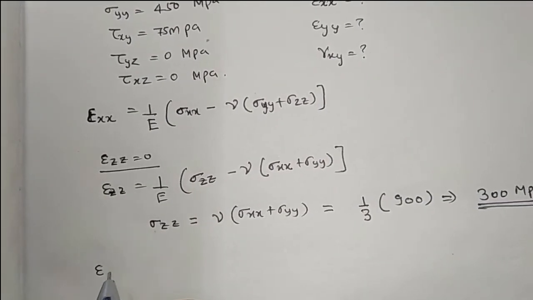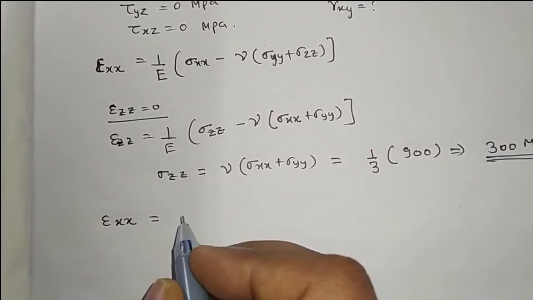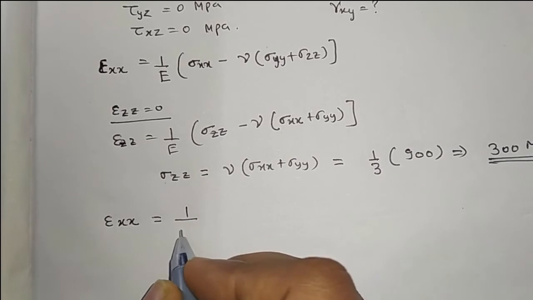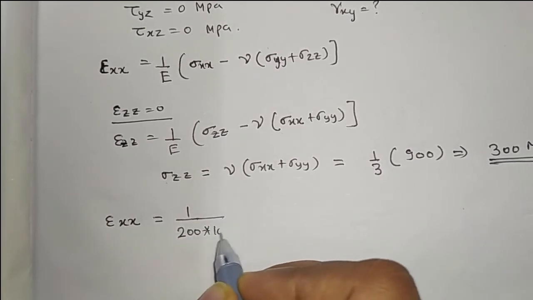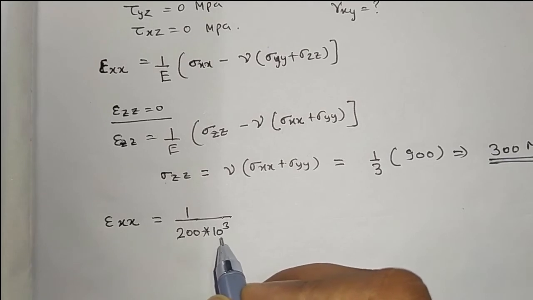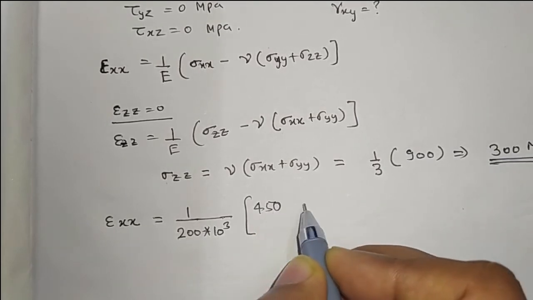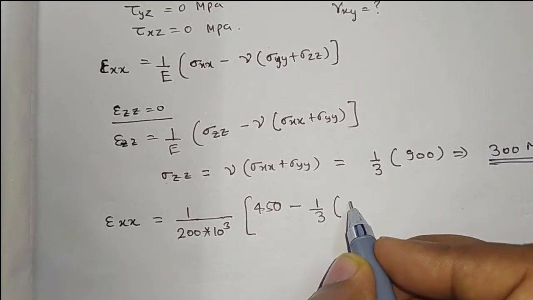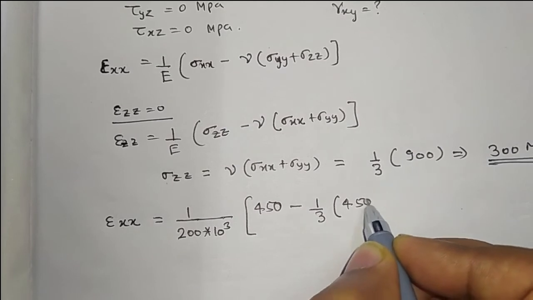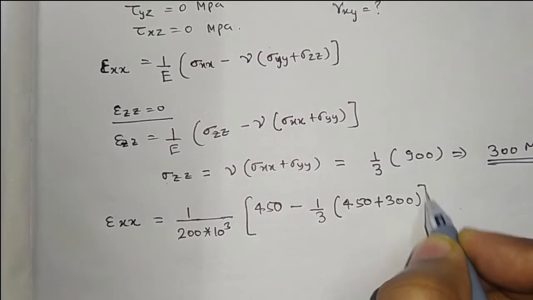And the normal strain in x direction will be equal to 1 divided by 200 into 10 to the power 3 in terms of Newton per millimeter square, times sigma x, 450, minus Poisson's ratio times sigma y 450 plus sigma z 300.